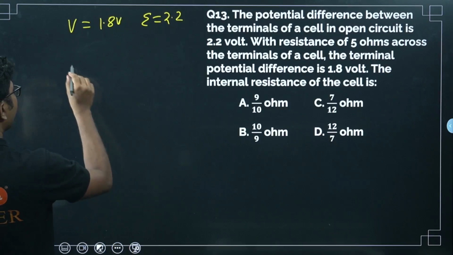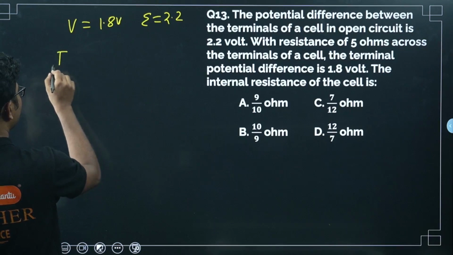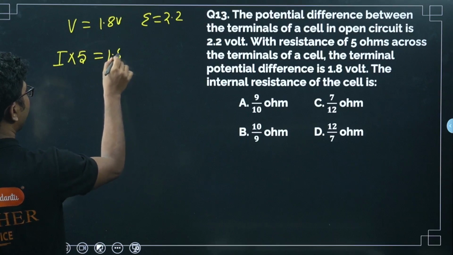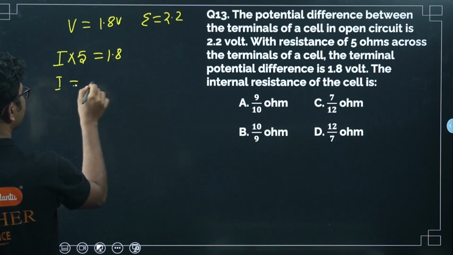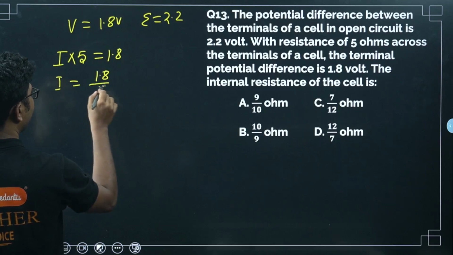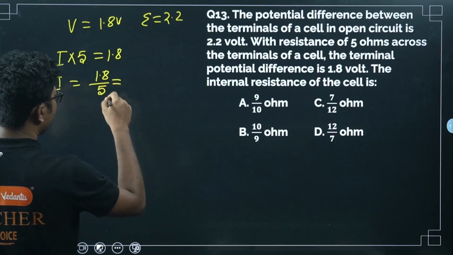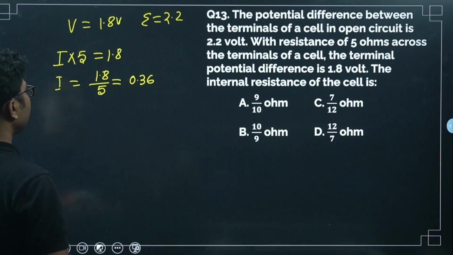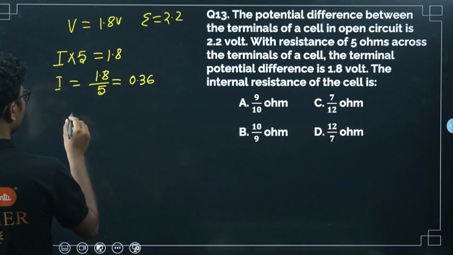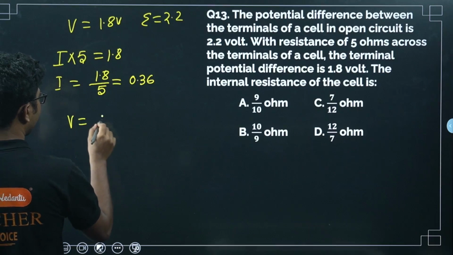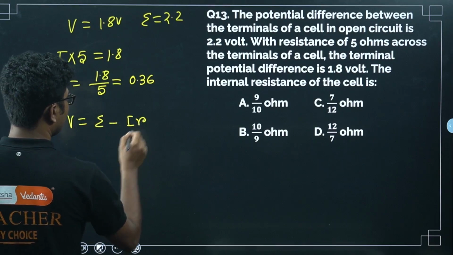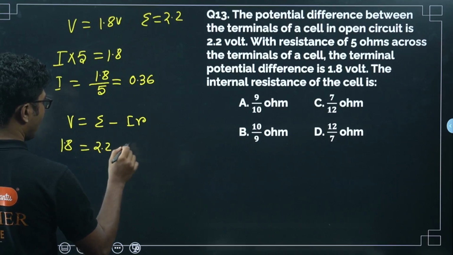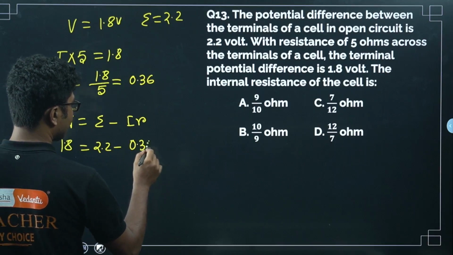Now, first we will calculate the current in terms of external resistance. External resistance is 5, so I equals 1.8 divided by 5, which is 0.36. And we know that V equals epsilon minus Ir. So 1.8 equals 2.2 minus 0.36 r.